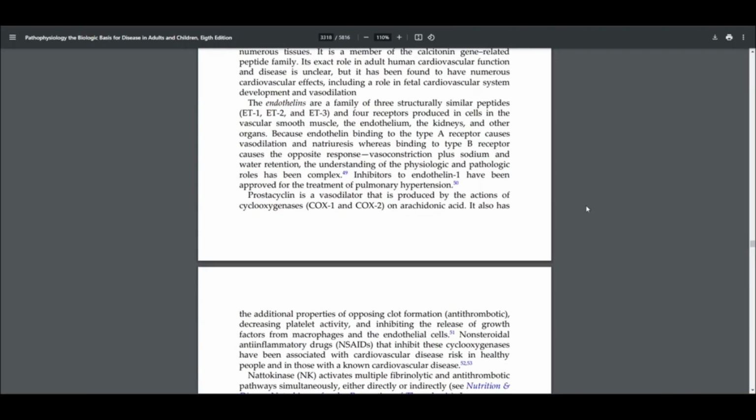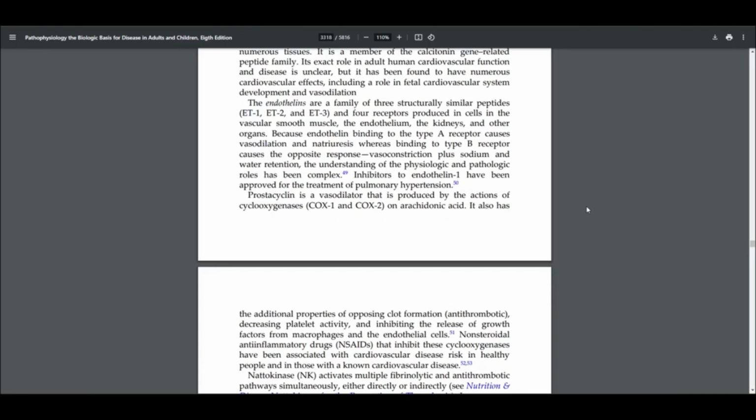The endothelins are a family of 3 structurally similar peptides, numbered 1 through 3, and 4 receptors, produced in cells in the vascular smooth muscle, the endothelium, the kidneys, and other organs.